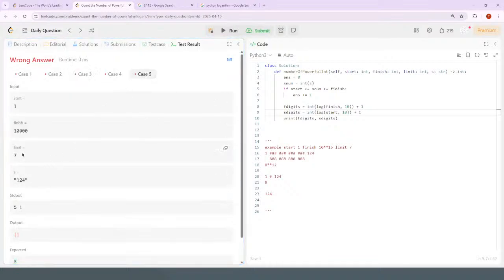Alright. So finish is 5 digits, start is 1 digit, 15 digit, 1 digit. Finish is 4 digits, start is 3 digits. Okay, yeah, if it's exactly a power of 10, then here it's to the third power. Why doesn't this give +1? 10 to the first, second, third.